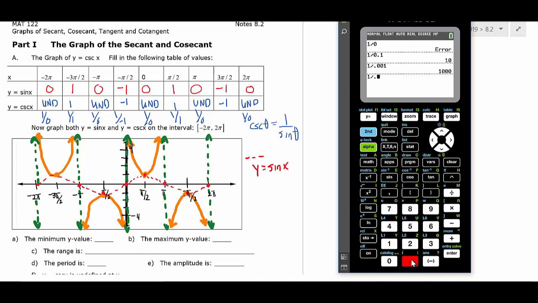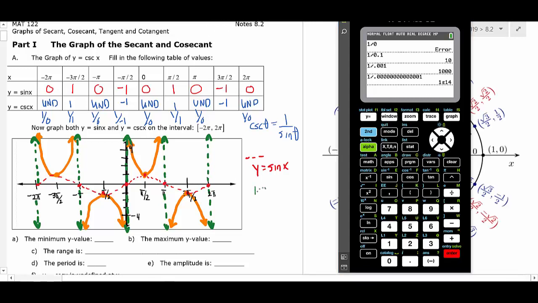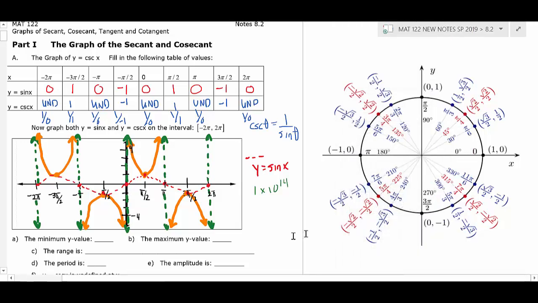So if you take 1 divided by a number closer and closer to 0, it gets bigger. That's scientific notation, saying 1 times 10 to the 14th power, so that's a 1 with the decimal moved over to the right 14 places, so you're getting into the trillions, all right? So that's what happens on that.